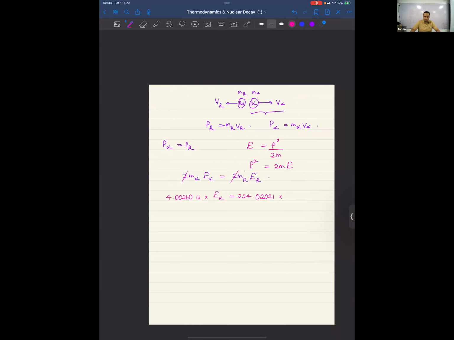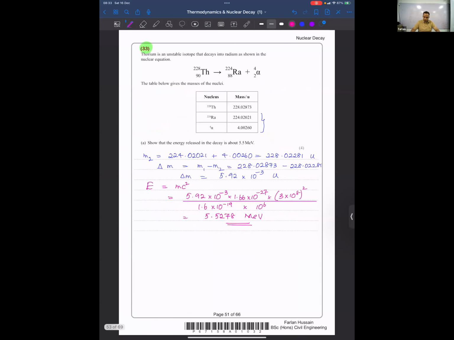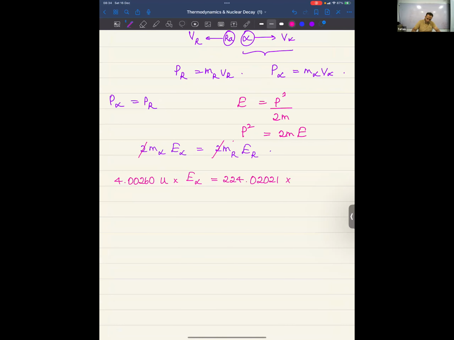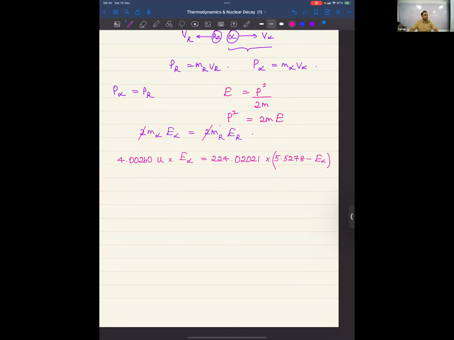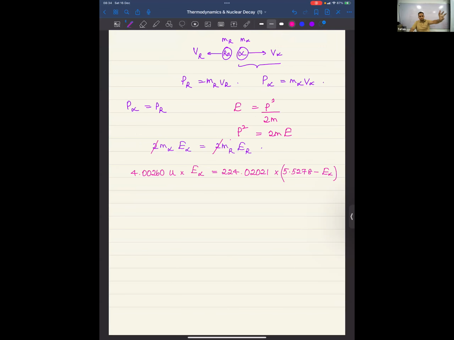And the ER is 5.5278 minus E alpha. Do you understand that? From the total energy, which was released, 5.5278, what we calculated in the previous part. From that, if you minus the kinetic energy of the alpha particle, you're going to get the ER. Okay. So now this is just one straightforward linear equation of E alpha. Solve this, you're going to get the answer.